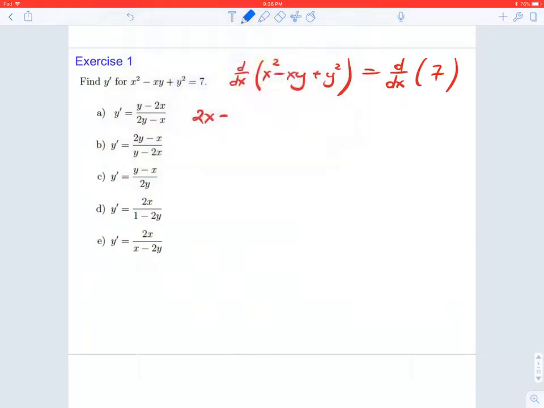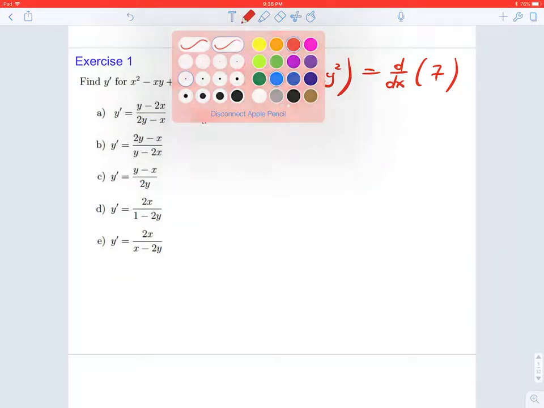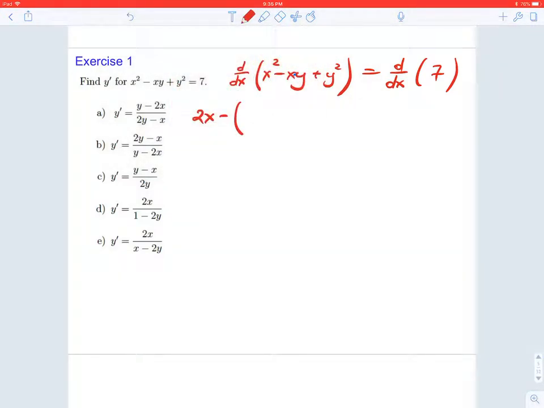Now the derivative of xy, we have to remember we have a product rule. Derivative of x is 1 times y, x times the derivative of y, it's y prime. The derivative of y squared is 2y times y prime. We remember the chain rule. The derivative of the constant 7 is 0.